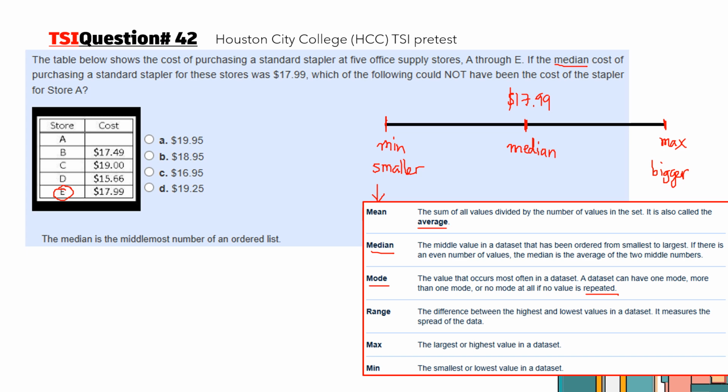We don't know if 15.66 is the mean, but we put it somewhere right here. Then we have another one, this is D. We have another one, B, which is 17.49, which is less than 17.99.